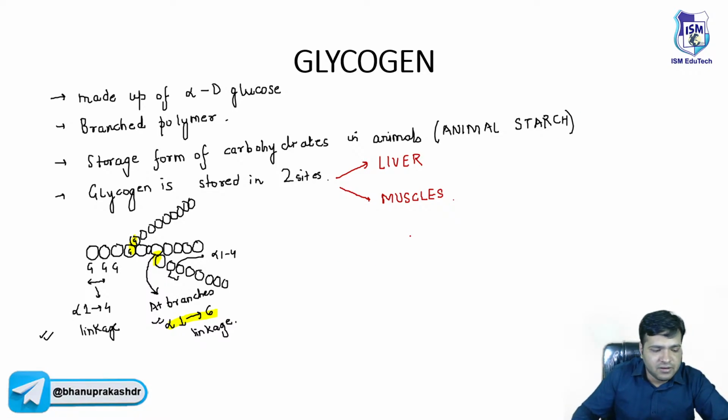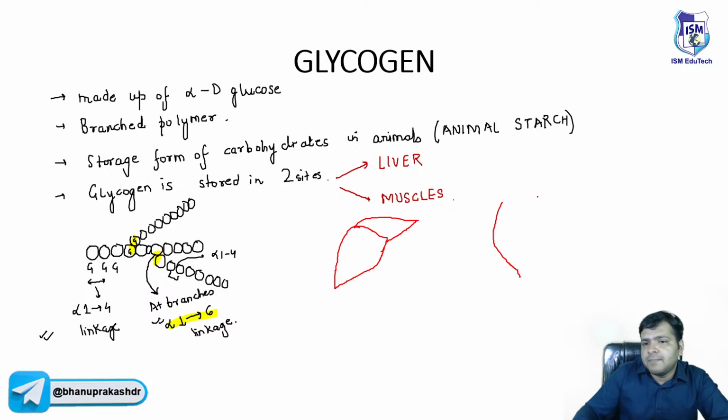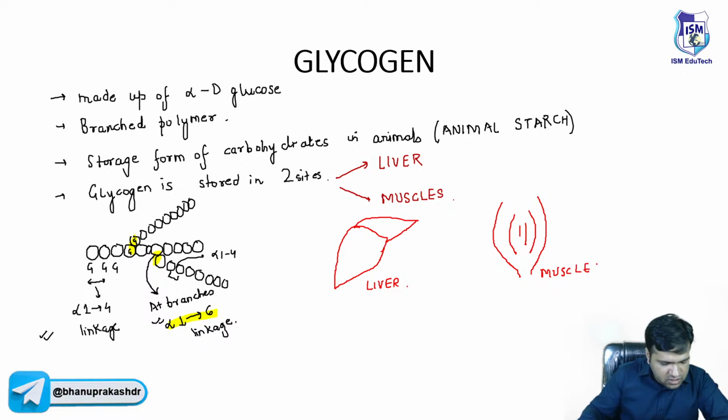If we talk about the liver, you already know the liver has two lobes, the right and the left lobe, and we have the muscles. So this is our dear liver, and this is the muscles. Glycogen is basically stored in these two sites, right?